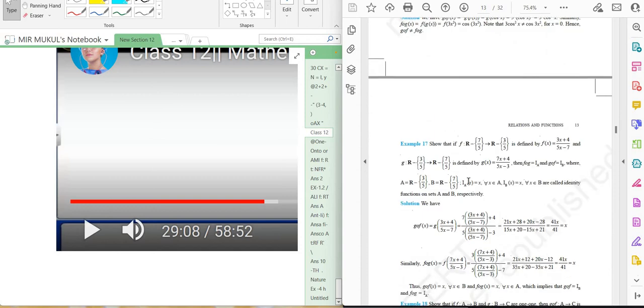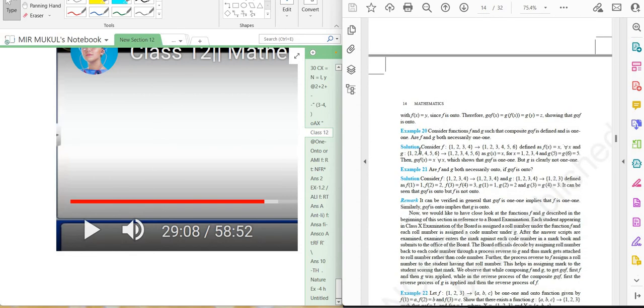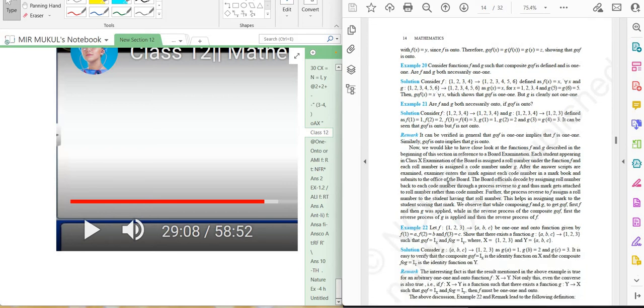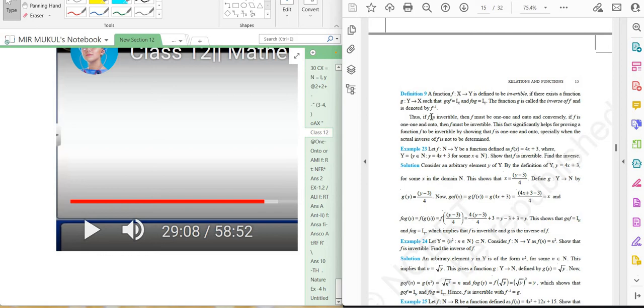And the second thing is when we can say a function is invertible. Here one more thing we have to find, that is the inverse of a function. This is a very important part, because generally in examinations we get the inverse of functions. So I am explaining this.